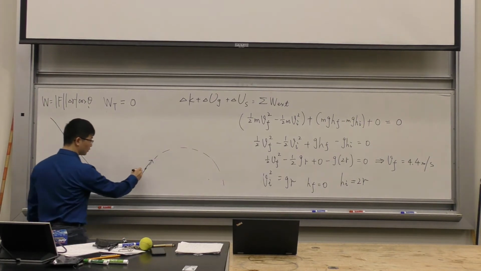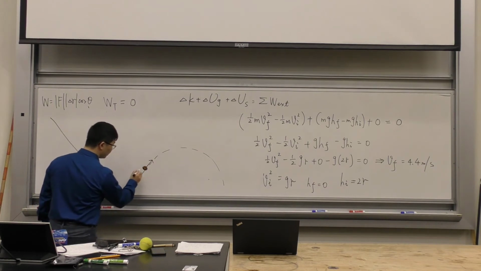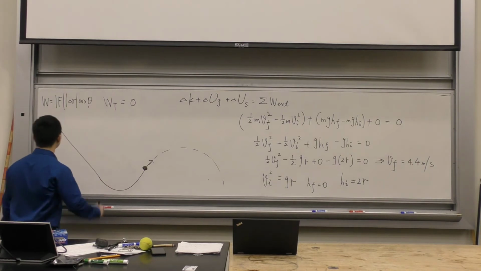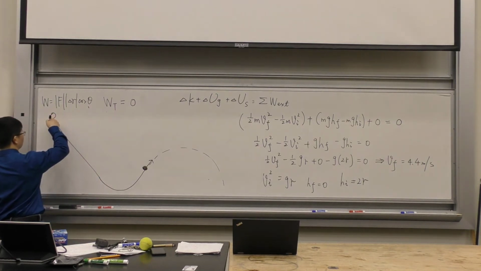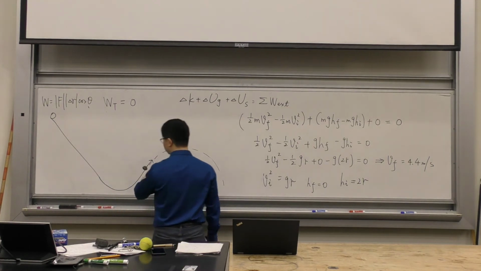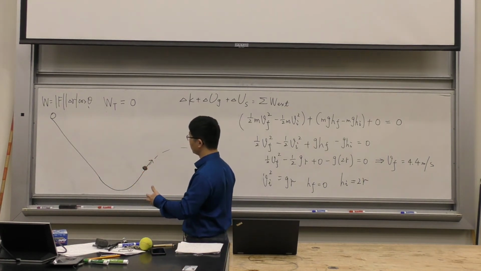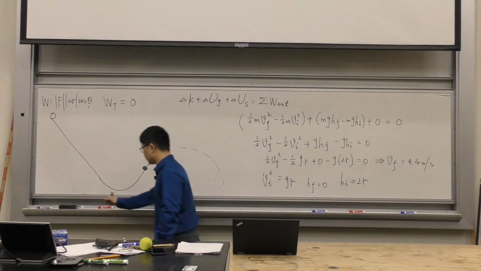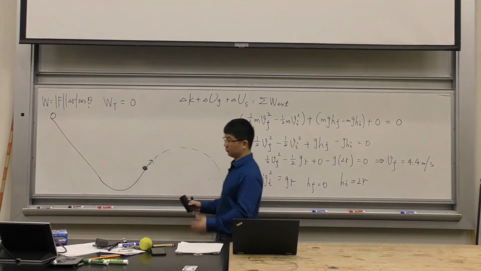But I'm interested in the speed of this person, or this object, at that point. This object starts from the top, and then I want to find the speed at this point. So it looks like a very complicated process. I'm going to use conservation of energy instead of Newton's laws and kinematic equations.